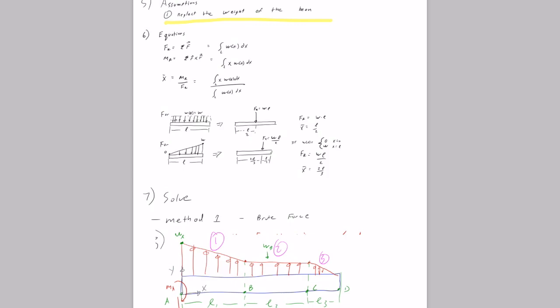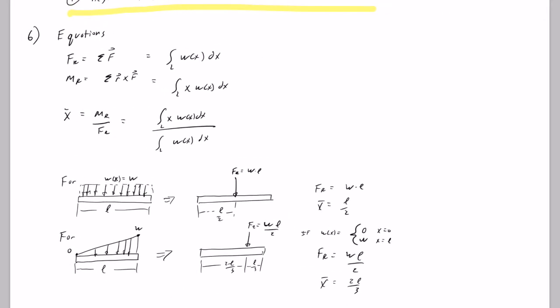Next, we're going to see my equations. If I'm trying to find the resultant force, it's the sum of the forces, which can also be described as the integral of the distributed load as a function of x.